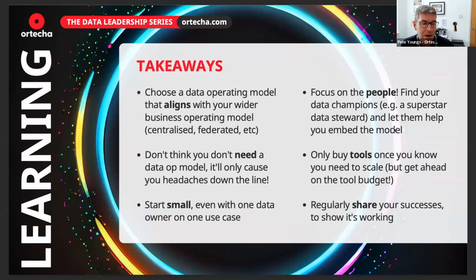Okay, yeah. Go ahead. So choosing a data operating model, we mentioned this at the start, that aligns with your wider business operating model. So I think we've touched on this a few times. So if you run, for example, we work with a very large bank, had a very small data office and very autonomous, sort of federated, decentralized model.